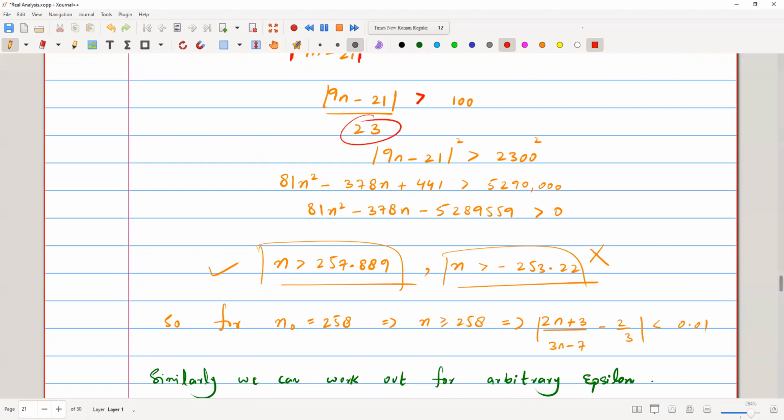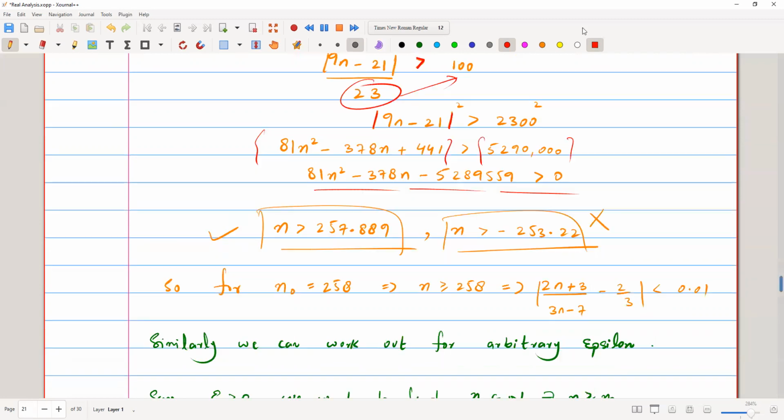I multiply the 23 on the right side, and I get |9n - 21| greater than 2300. Then I square both sides, because I want to find n, so I want to remove this mod first. To remove this mod, I am squaring both sides. Then I take this to the left side and solve this quadratic equation to find the value of n.